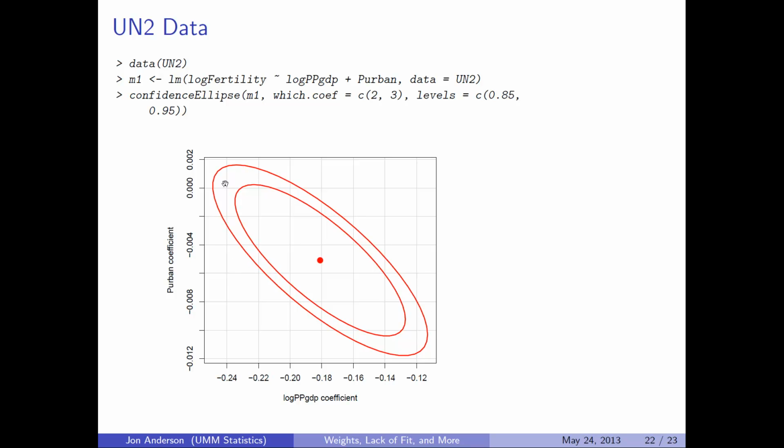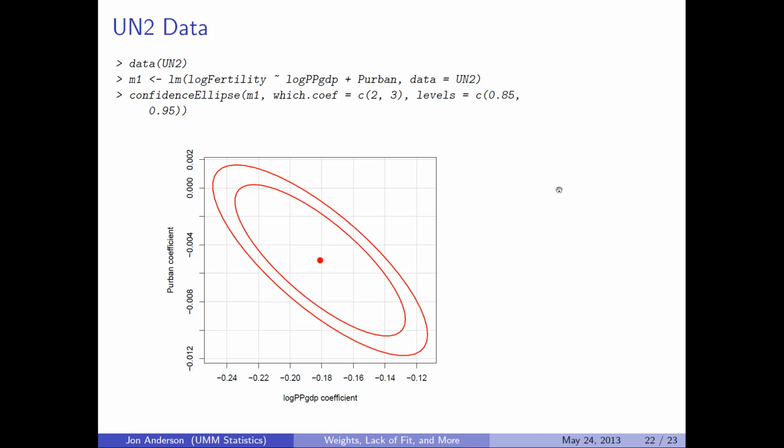I think the important thing to notice about this confidence region is that 0, 0 is not a reasonable thing to say about this set of coefficients. Here is 0 for the percentage urban coefficient, but the other coefficient value of 0 is off the chart and is over here somewhere.